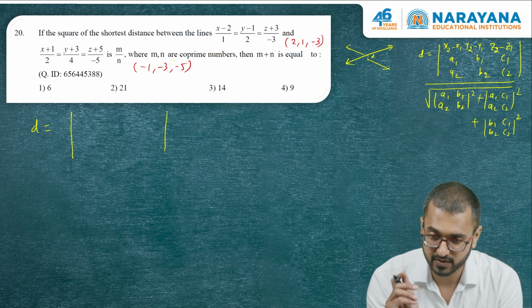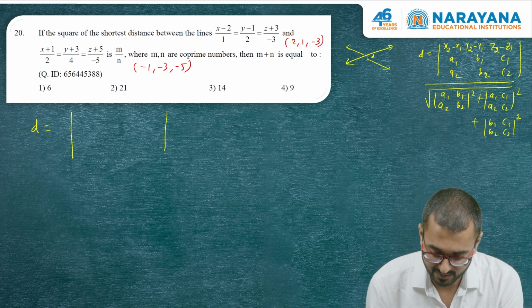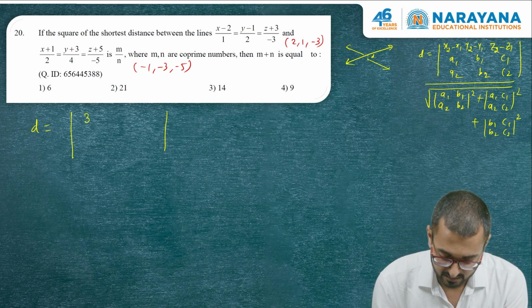You can choose any one to be x2, x1, that does not matter. So by the simple calculation we'll go with this as x2, this as x1. So 2 plus 1 directly gives me 3. And then 1 plus 3 will give me 4, minus 3 plus 5 will give me 2. And then write down as it is: this is 1, 2, minus 3, and this is 2, 4, minus 5.